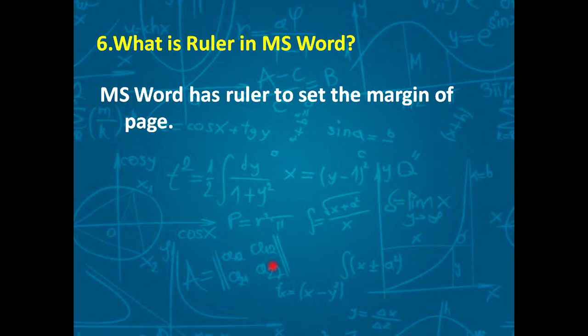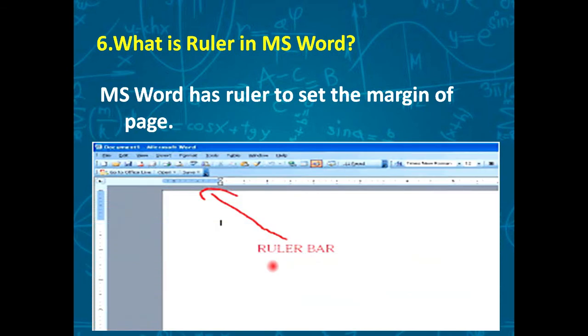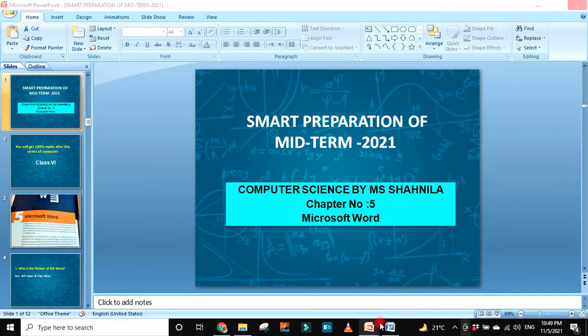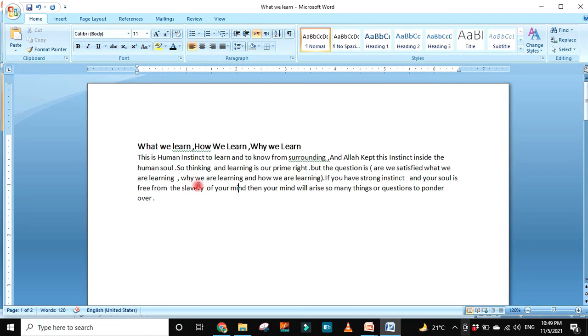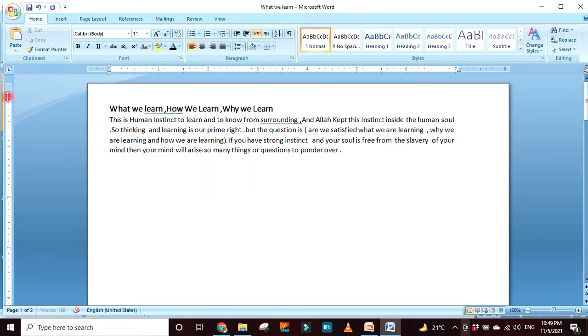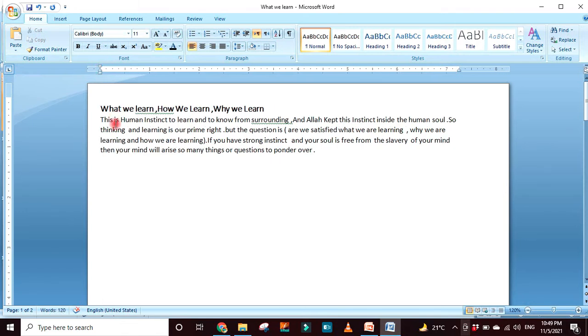So the ruler is here, you can see the ruler. From the ruler bar you can adjust this, and I will show you through the practical how I have opened Microsoft Word for you. So here is Microsoft Word and the ruler is this one, and you can change here like this. यहाँ से हम change कर सकते हैं. हमने देखिए यहाँ पर पेज का size कहाँ पर चला गया है.